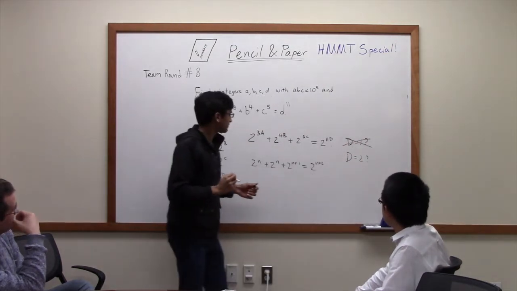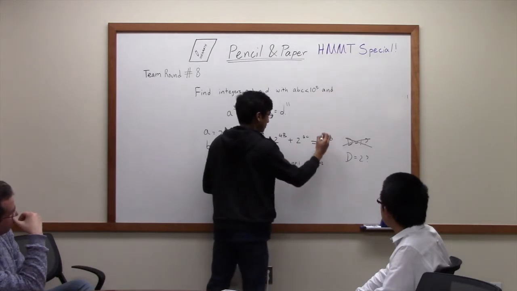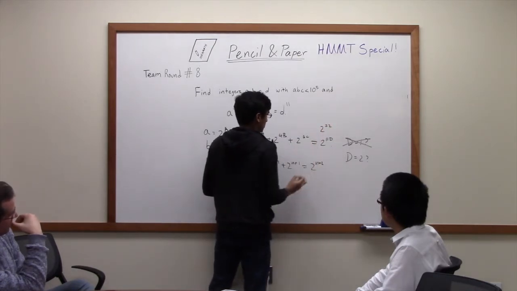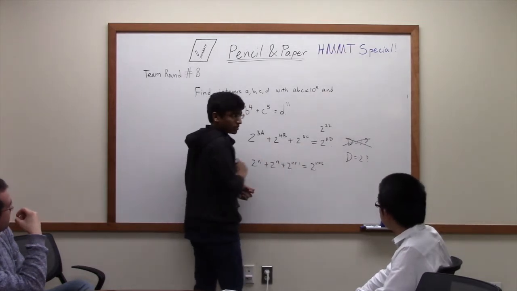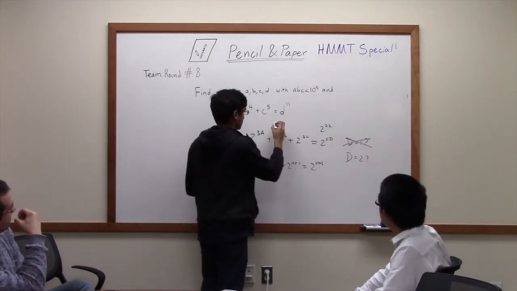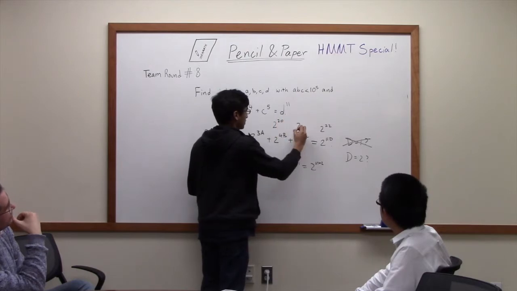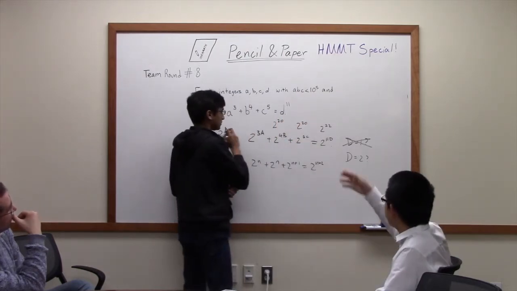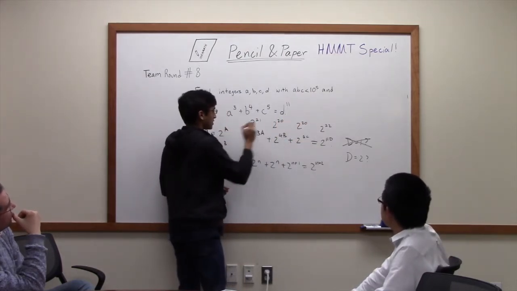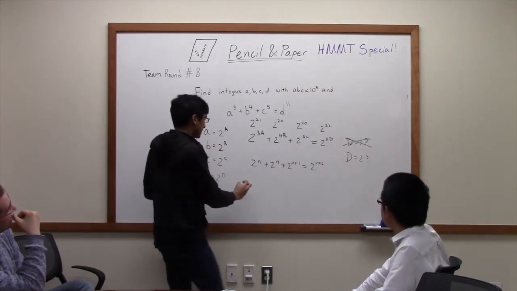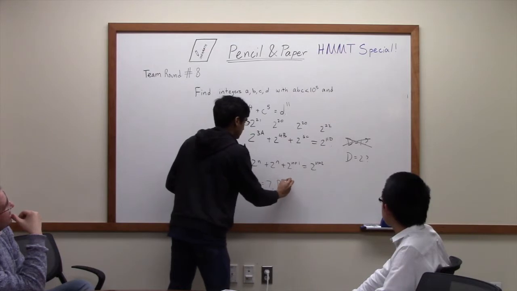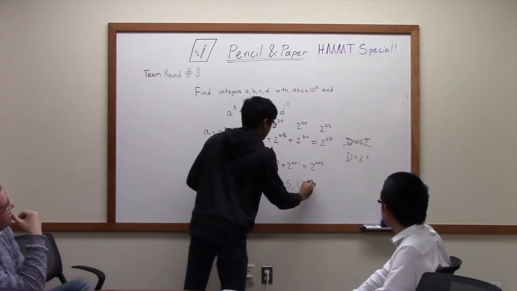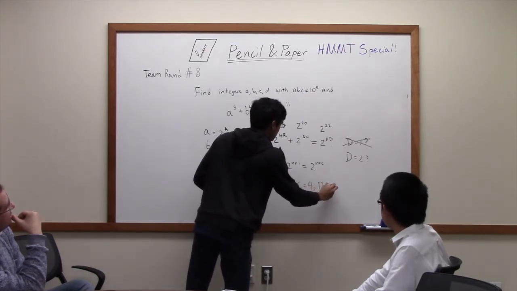D equals 2 gives 22, so n equals 20, and that's good because these both work. So this will be 2 to the power of 20 plus 2 to the power of 20, and 21 also works, so this works. So we pick A equals 7, B equals 5, C equals 4, and D equals 2.